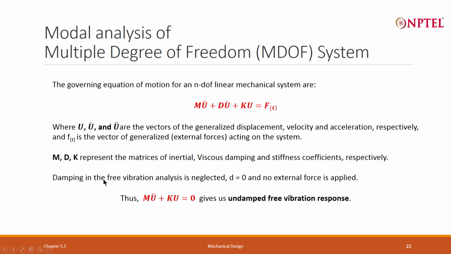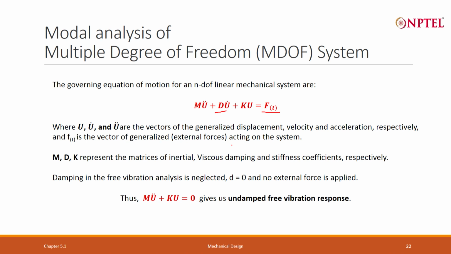Now, in this case, if I am talking about undamped vibration, we do not want damping, what will happen? D becomes 0. This D will become 0, and we also do not want external force, this also 0.